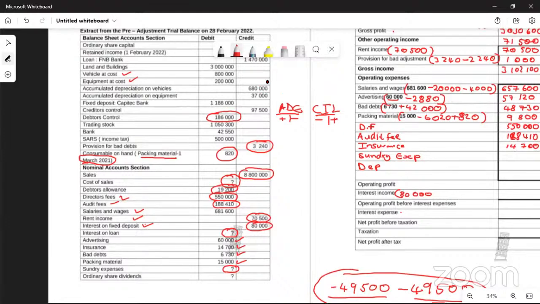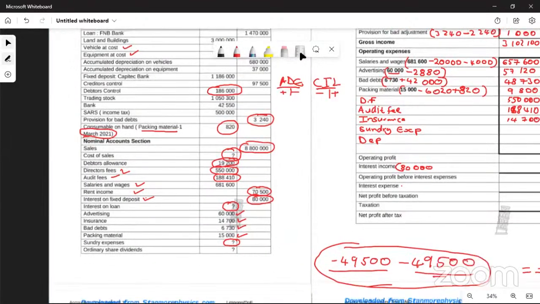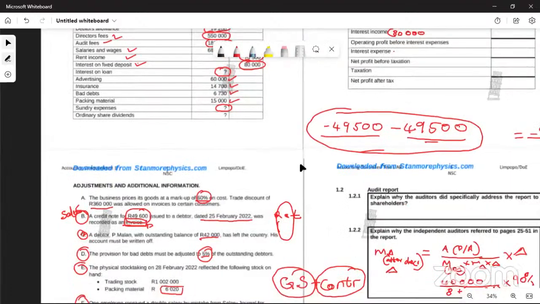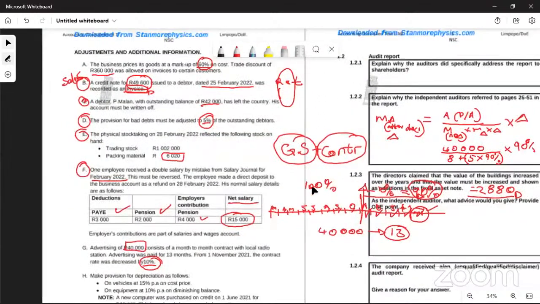This depreciation is before we calculate the depreciation for the current year. So this is the accumulated depreciation at the beginning of the year.